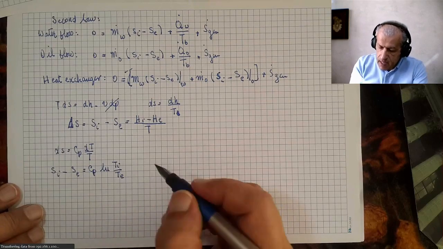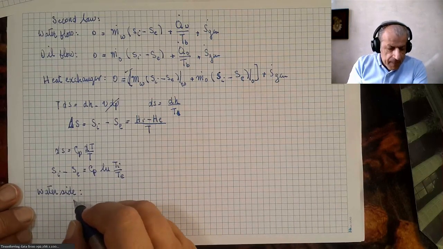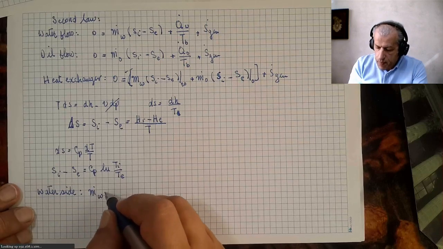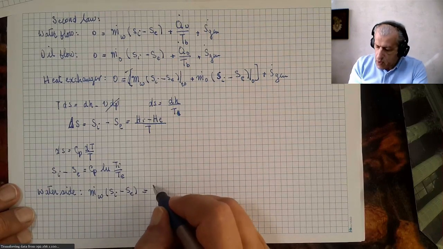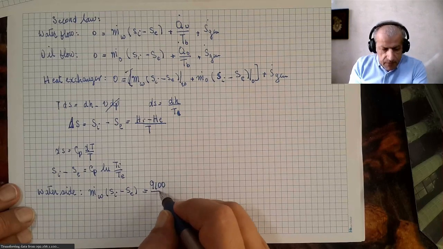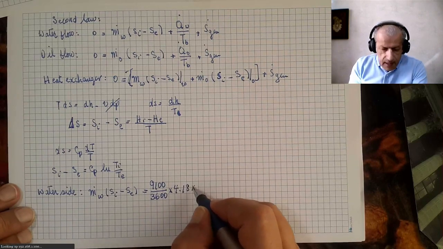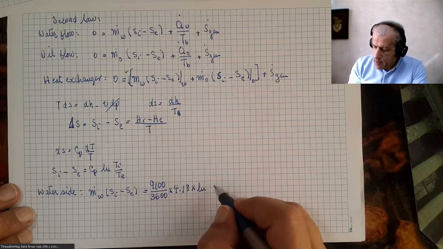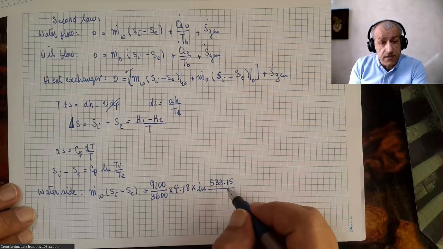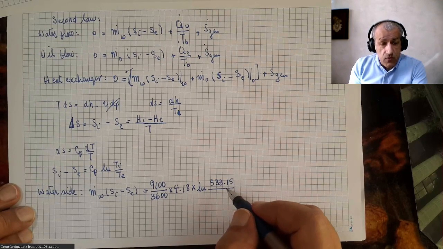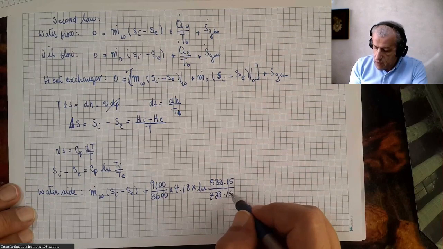and for the water side, m dot water times Si minus Se equals 9100 divided by 3600 times 4.18 times ln of 533.15, which is the value 260 degrees C added with 273.15 just to make it kelvins, divided by 423.15.